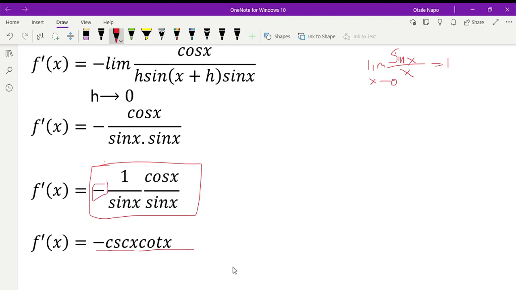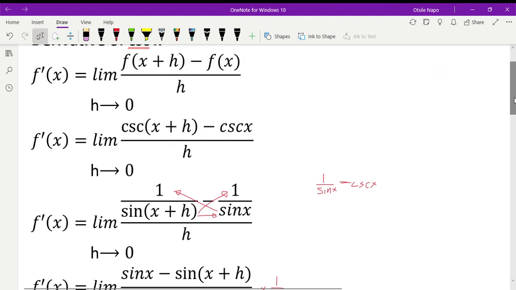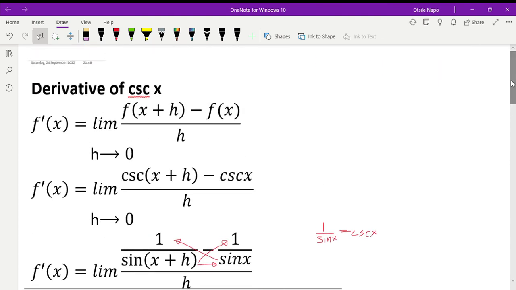Therefore this is our derivative of cosec. I hope you enjoyed and fully understand how to use the definition of limits or first principle in deriving cosec of x.